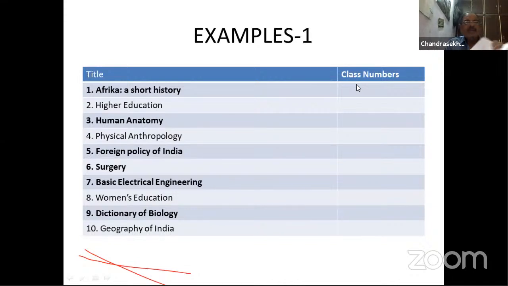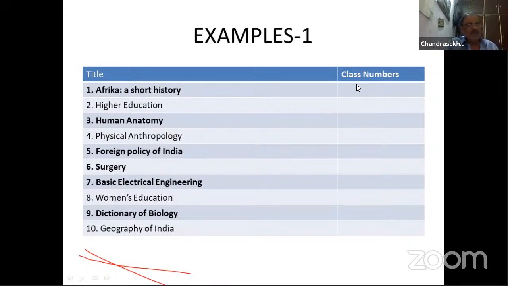So you can see the standard subdivisions are 570.12.9. This means 57 is the basic number and 03 is dictionary, so you add both: 5703. After the first 3 digits, you have to put a full stop or dot. 570.3 is the number.